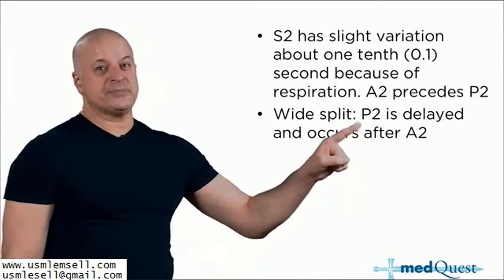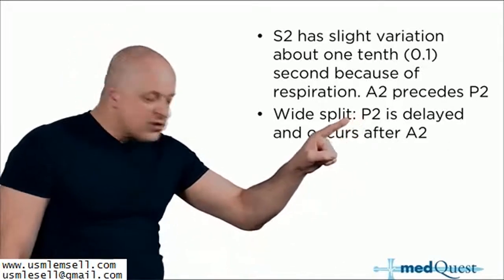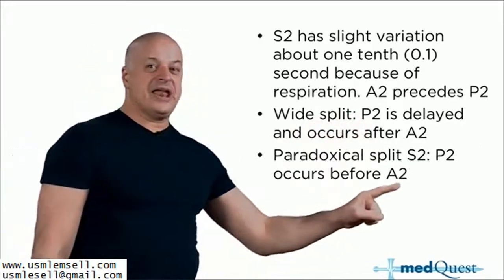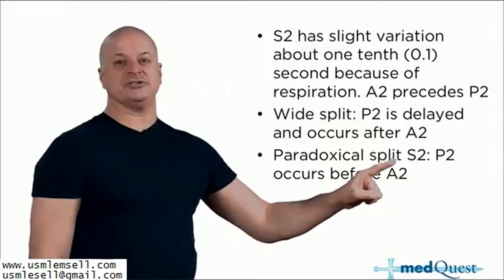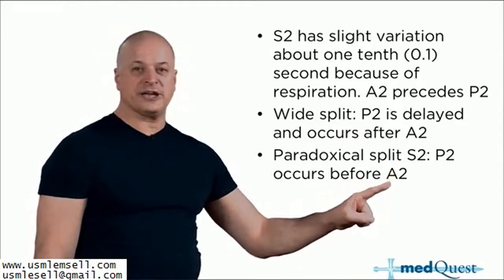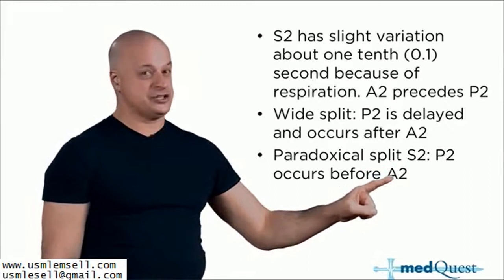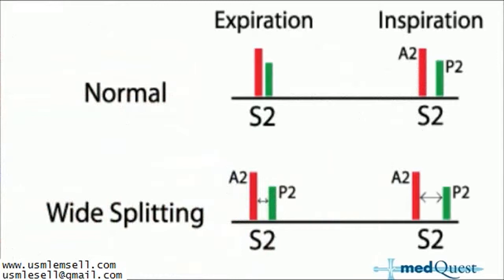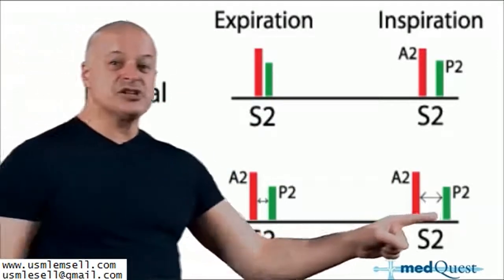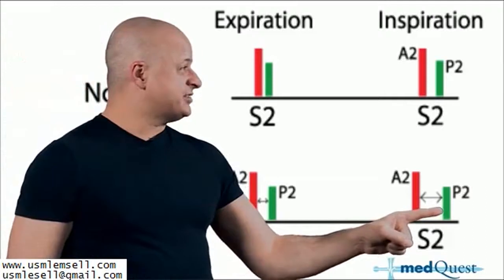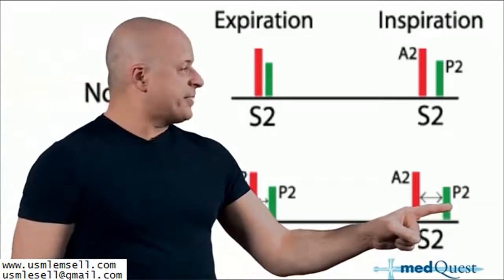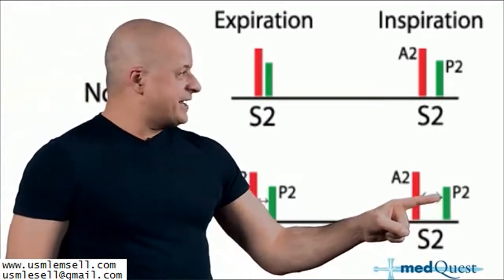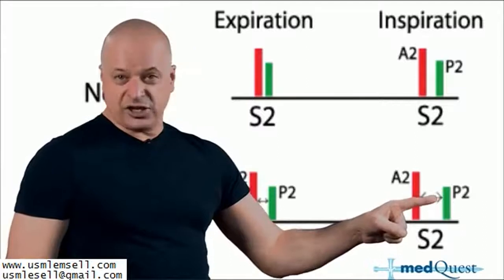Well, if pulmonary hypertension, pulmonic stenosis, right bundle branch block delay the P2, it must mean that hypertension, aortic stenosis, left bundle branch block delay the A2. Let's look at the split. Wide split delays the P2. Pulmonic stenosis delays the emptying, delays the closing. Pulmonary hypertension delays the emptying of the right side of the heart, delays the closing of the right heart. Delayed emptying, delayed closing.